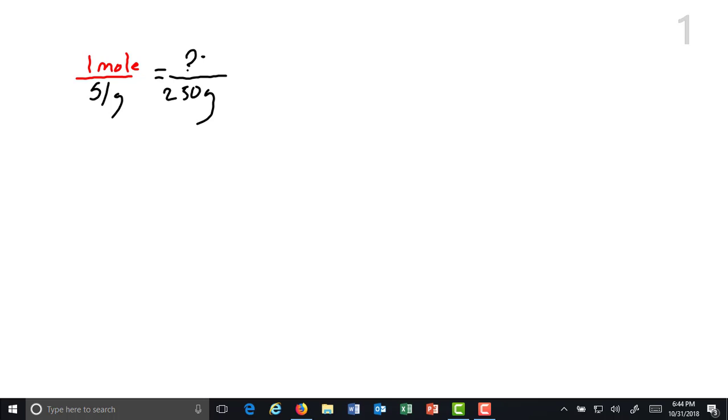Well, it's just a matter of solving the algebra. I just want to get the question mark by itself. So I'm going to take 250 grams and multiply that on both sides. Notice that the grams divide out. And so does the number to 1. Because I want my answer in moles.